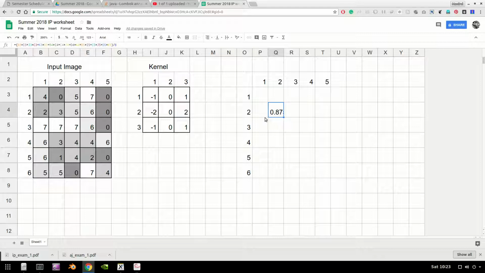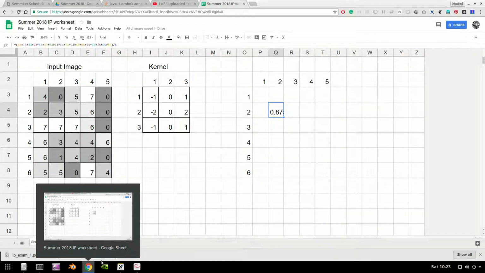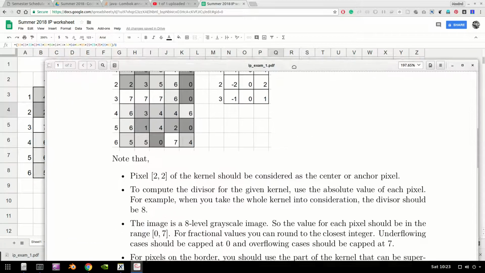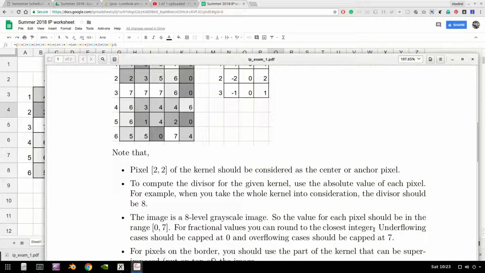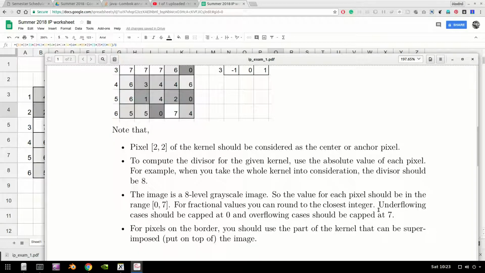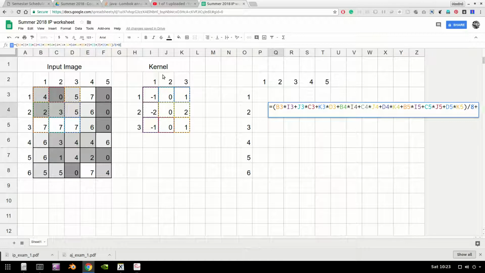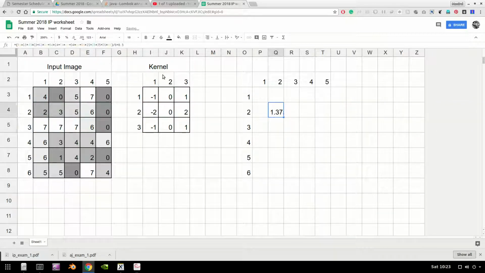We can't take fractional values. The exam question says that you'd have to round it to the closest integer. So 1 represents 1. Right. The easiest way to do that is to add 0.5 to it and then take the floor.